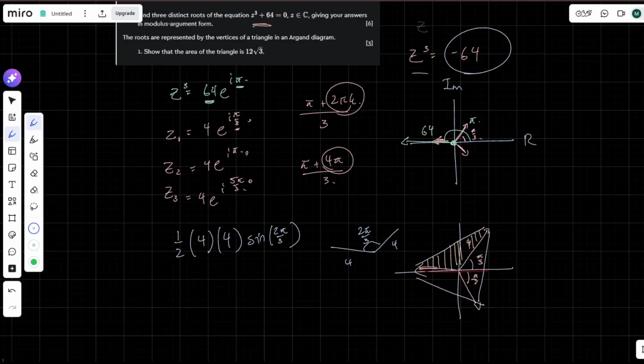So this is 1 over 2, times 4, times 4, times root 3 over 2.